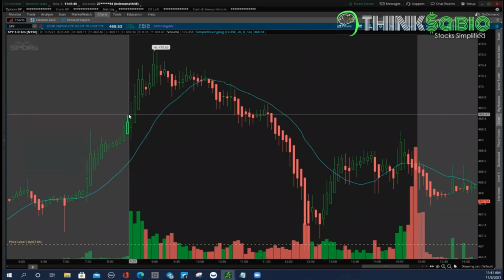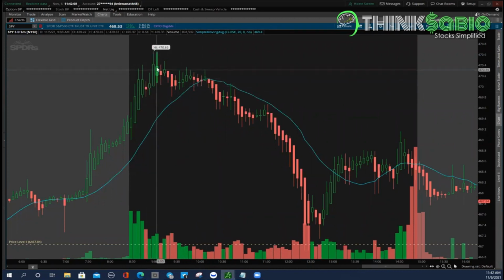What I mean by that is, if I take a bullish position in SPY, and it is going up and up and up, I will let the price close below the simple moving average or the exponential moving average. You can use whatever you want. And that tells me that the trend has reversed.